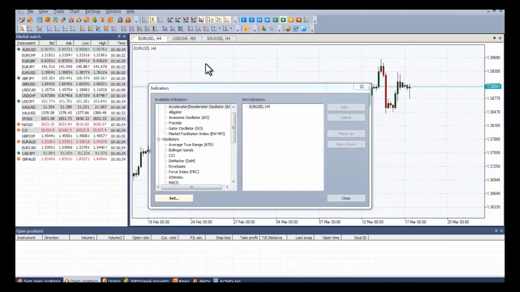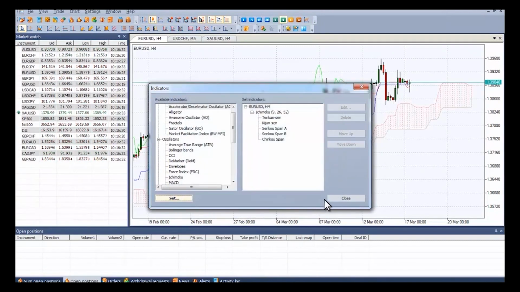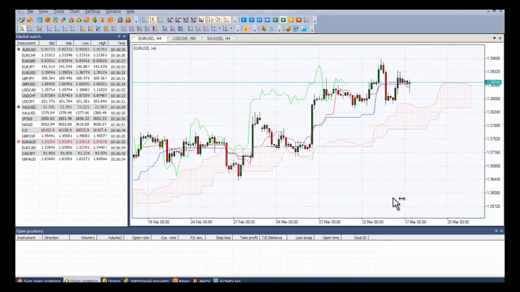Next on our list is a very popular indicator called the Ichimoku. Select it, click Set, OK, and as you can see, it brings a lot on our screen. The Ichimoku Kinko Hyo is a comprehensive technical analysis tool introduced in 1968 by Tokyo columnist Goichi Hosoda.